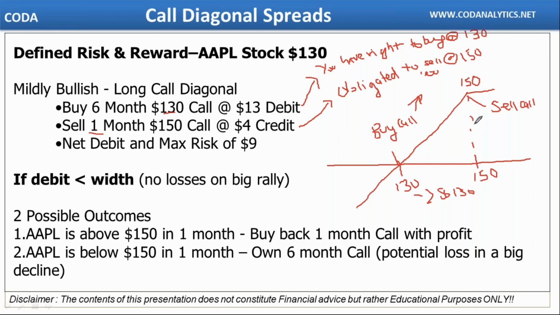All right. So if you look at it, we have bought at 130, but now we are coming to sell it at 150. So we have made a profit of $20 out of this buy.